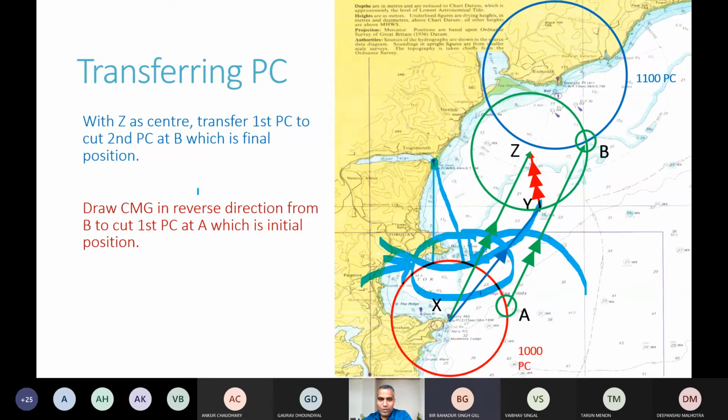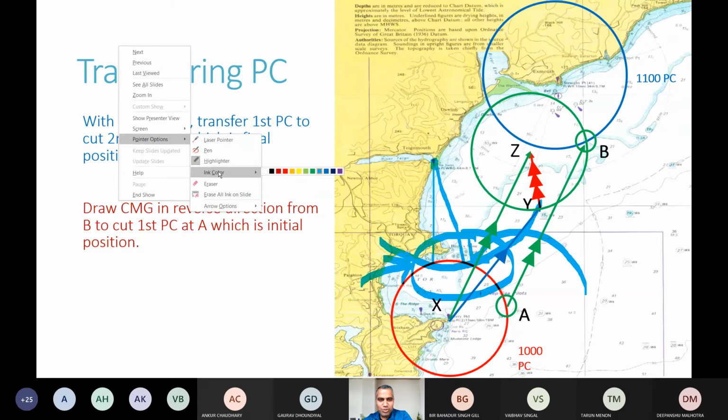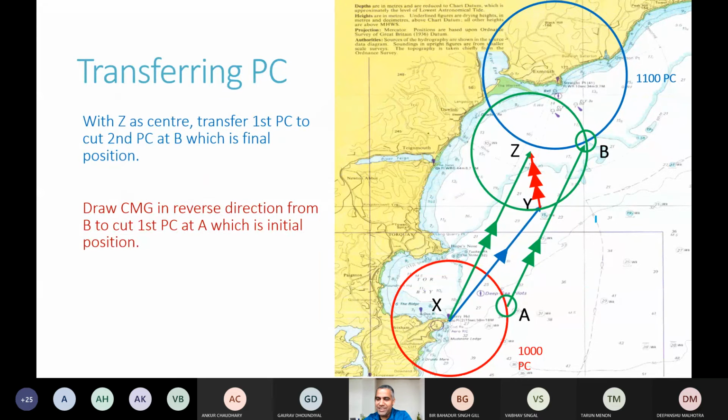Ji sir, understood. Okay. So as far as chartwork is concerned, you don't need to bother. The data will be given to you and you just have to plot that data on the chart. Whether it is at 45 degree or 90 degree does not matter. Practically, yes, if something like this is happening, because whenever two position circles intersect, they will be intersecting at 2 points.